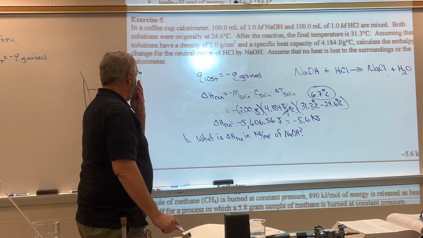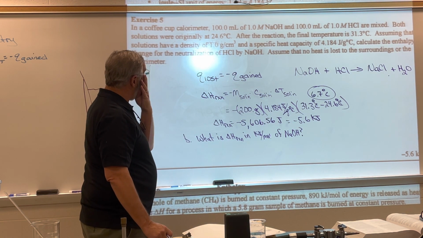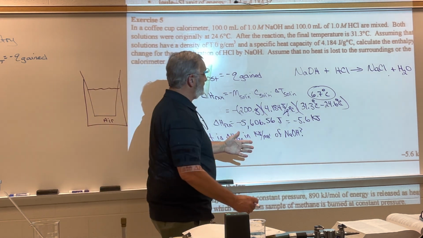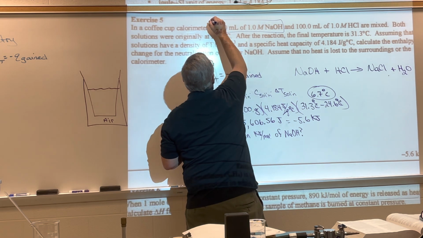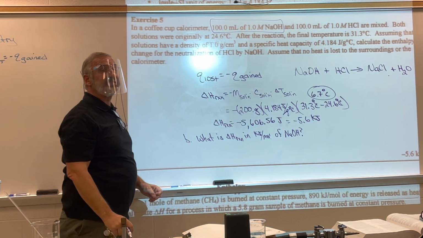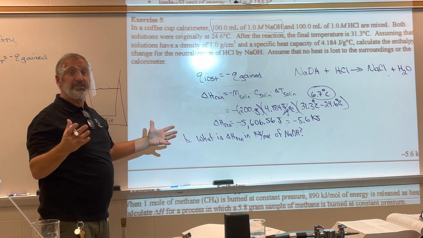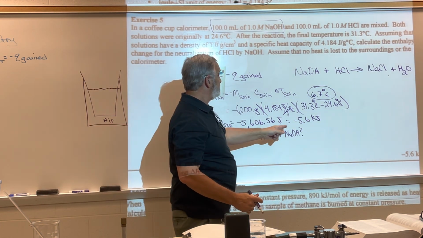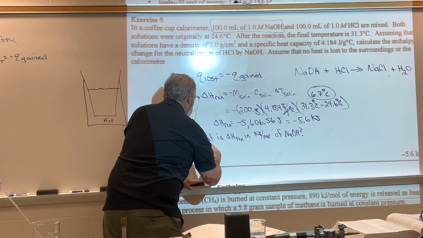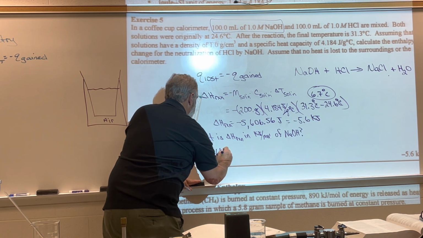So we combined, and in this one now, you're just going to use this part, because that's how many moles we put in. So how do I convert this negative 5.6 kilojoules?